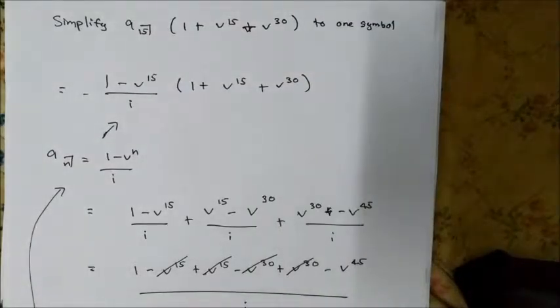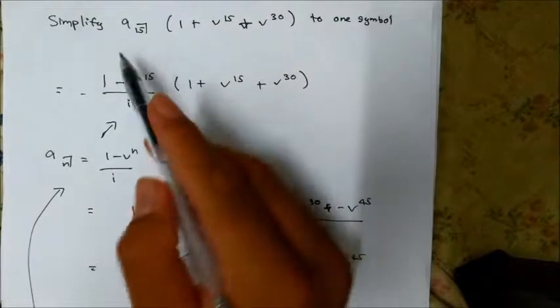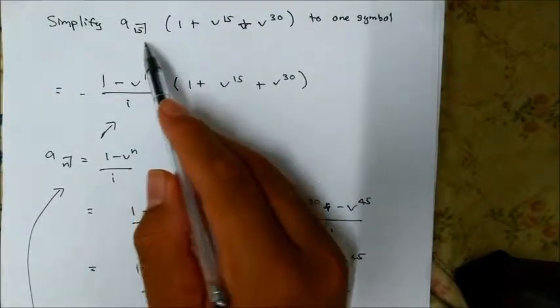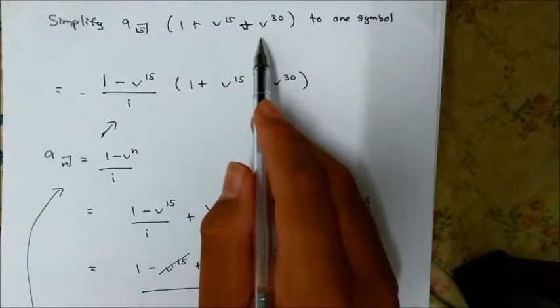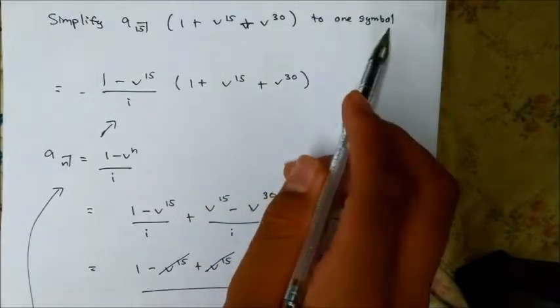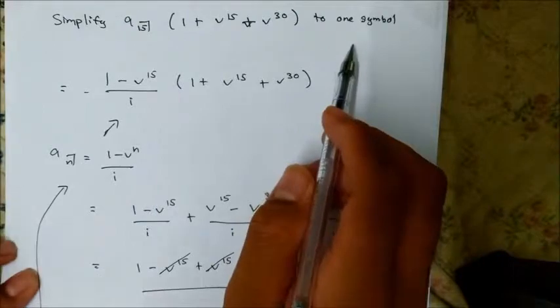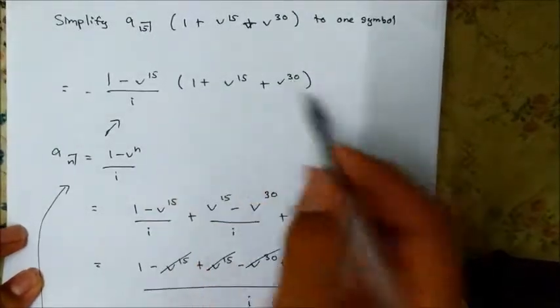The last question: simplify a angle 15 times (1 plus v to the power of 15 plus v to the power of 30) to one symbol. Okay, so we go straight to the point.